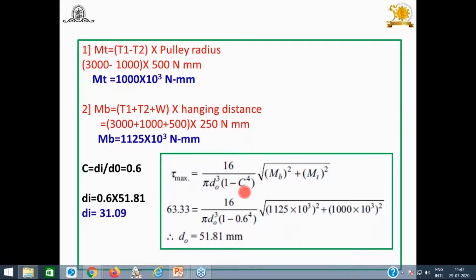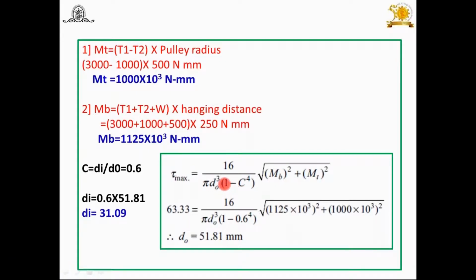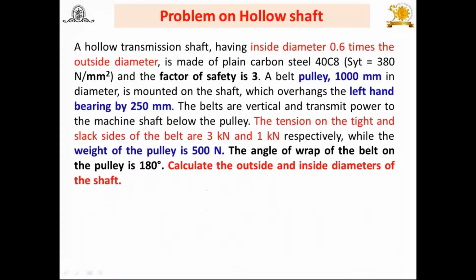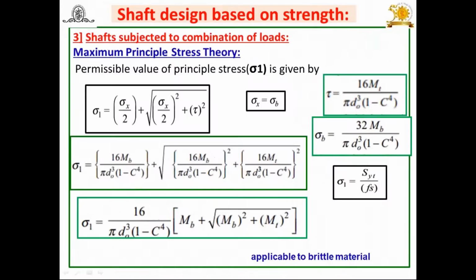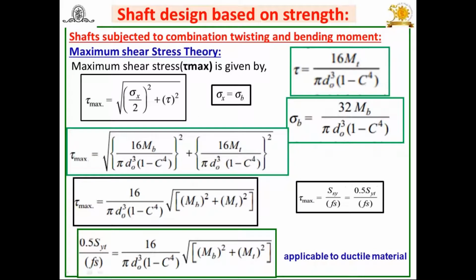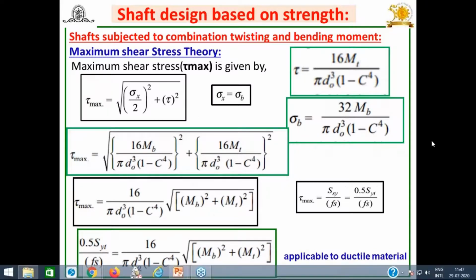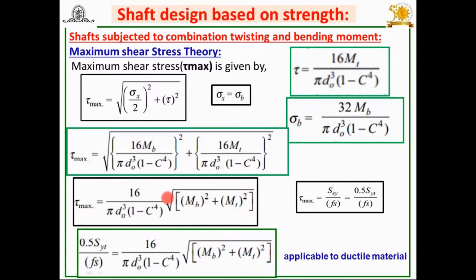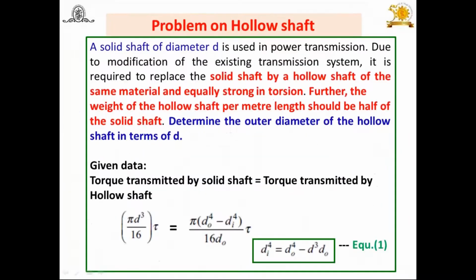I have already told you, when it is subjected to combined loading, the maximum shear stress theory equation. Even though I would like to show the equation according to the maximum shear stress theory, look at this. Where is the maximum shear? Look at this expression. According to the maximum shear stress theory, tau max is equal to this, because I am going to use the same equation in this problem.